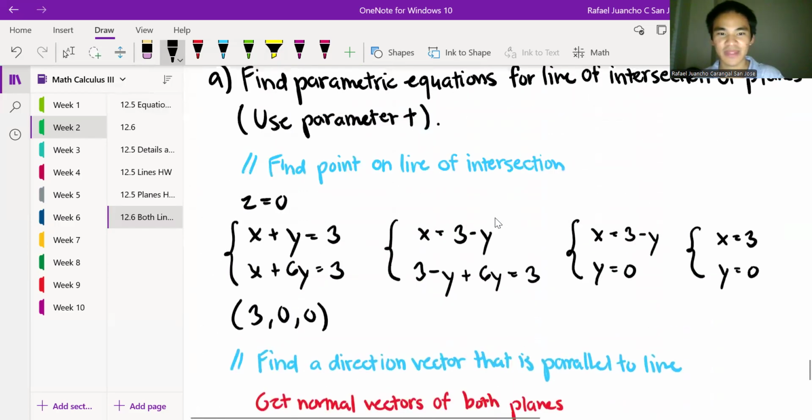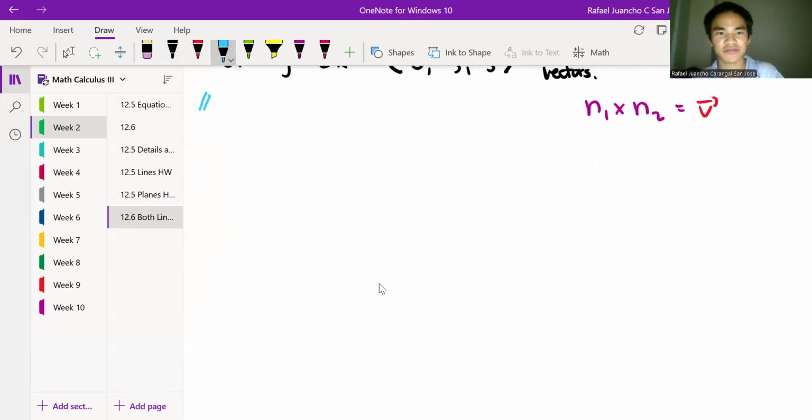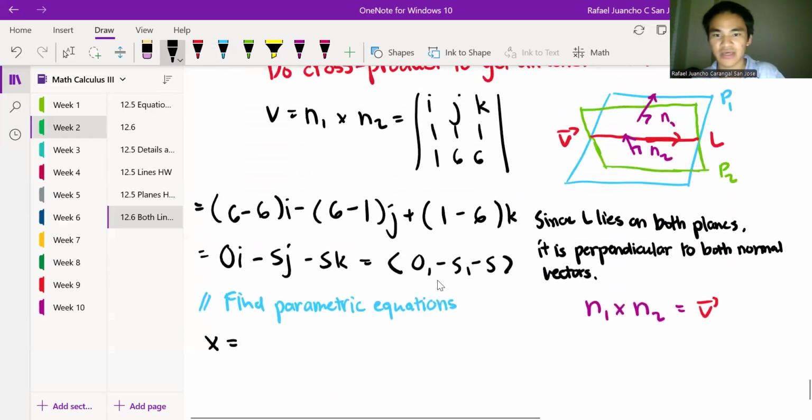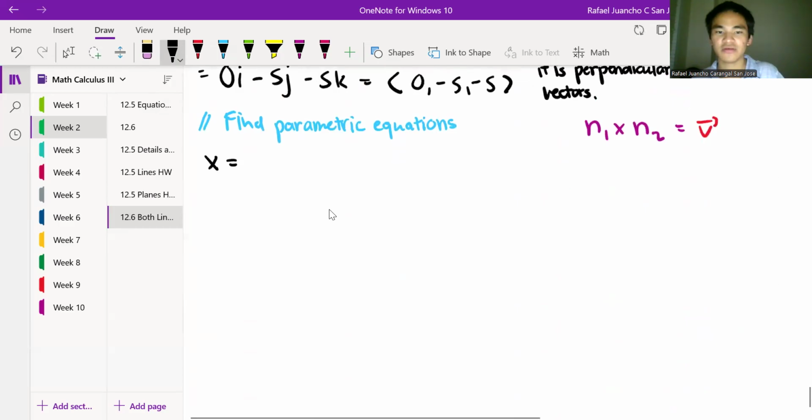Now we have our direction vector, and we have our point. Done. Now we just find parametric equations. So this is x, which is my x naught, so 3. And then the rest is 0.